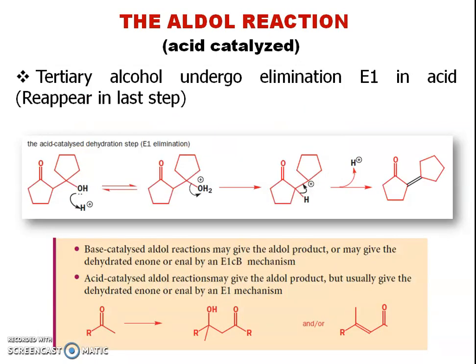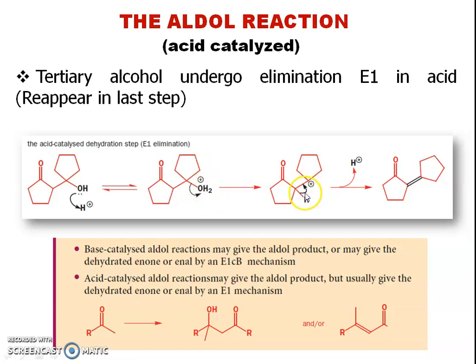And this aldol product can undergo elimination by the E1 mechanism in the presence of acids. In the case of the acid catalyzed aldol reaction, it undergoes the E1 mechanism, and this is the final product. This hydroxy group on protonation gives an oxonium compound. This is a good leaving group, and it forms a carbocation.